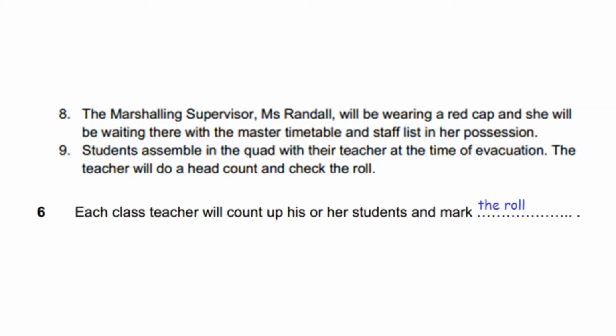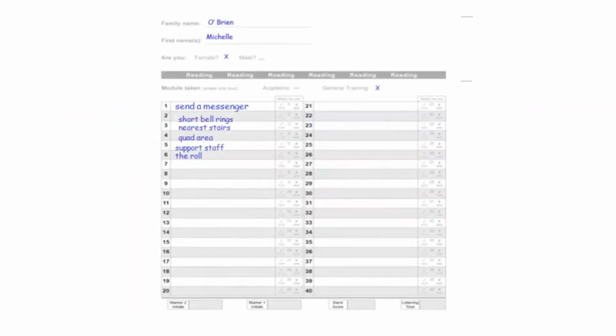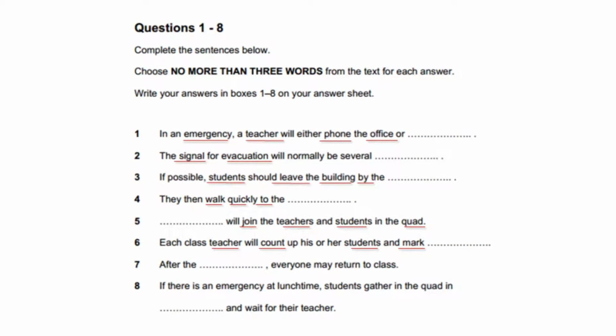So we can now see that the missing words are the roll. So on your answer sheet, write the roll under the sixth answer. Then return to the question paper and look at question 7.